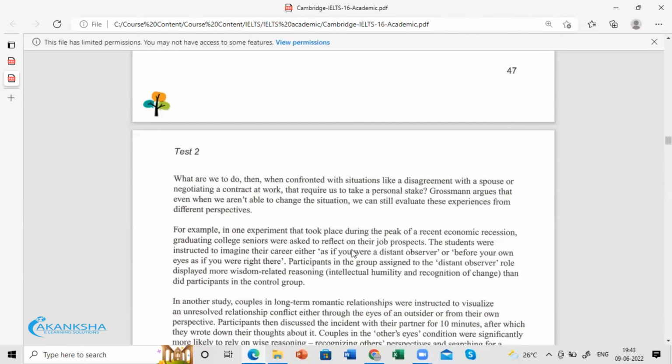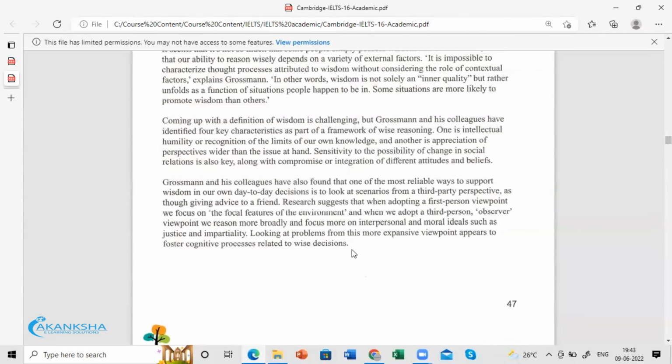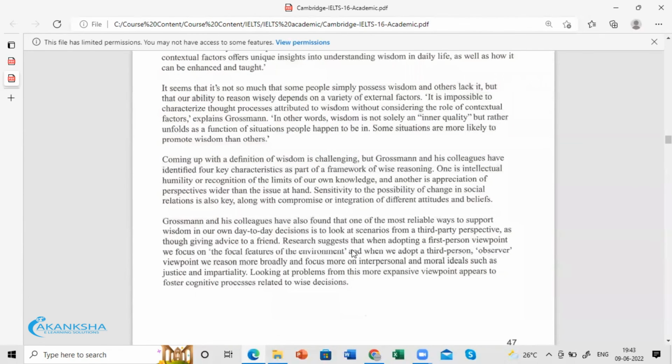So we need to only scan for the word first person, only then can we focus on avoiding that, and then focus on this. But he doesn't talk about this anywhere here. Okay, perspective is sensitivity and compromise.